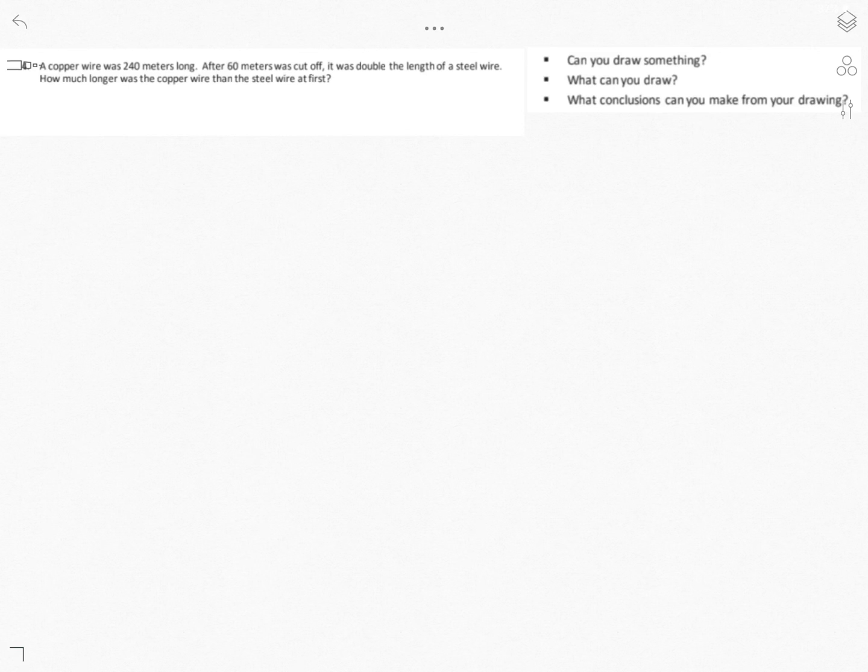So we've got a lot of information here, and we've got to sort through it in order for us to find exactly what it's looking for. So I'm going to underline a few things that I feel are going to be important moving forward. I have a copper wire that was 240 meters long. Then it had 60 meters cut off of it. Once there were 60 meters cut off, it was double.